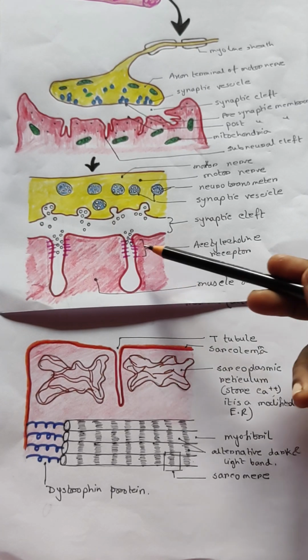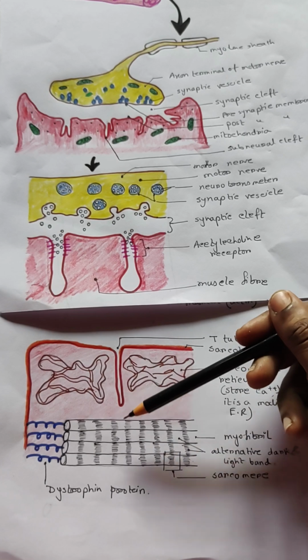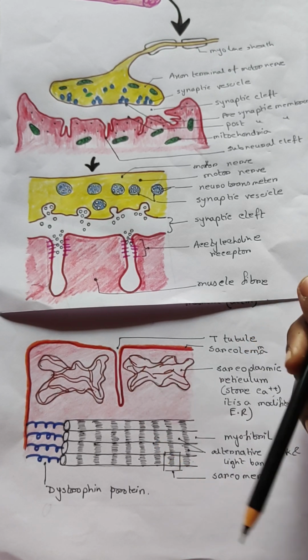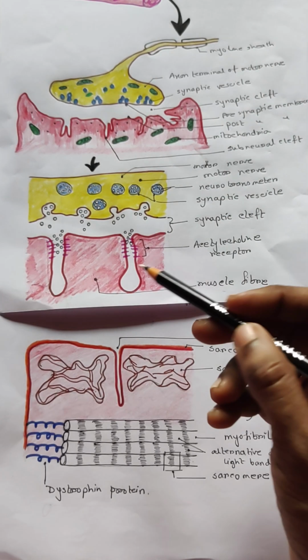So whenever the sodium enters the cell, it makes the inner side positive and the outside electronegative. Such a sarcolemma is called depolarized. Okay, and a new potential is formed, which is called the action potential, and this is due to the signal.